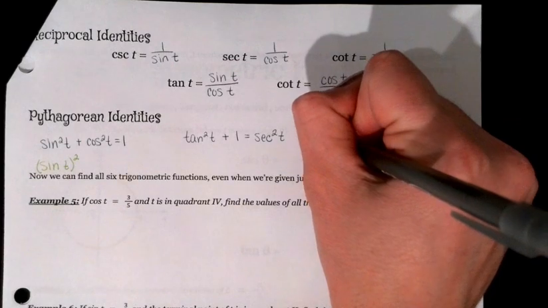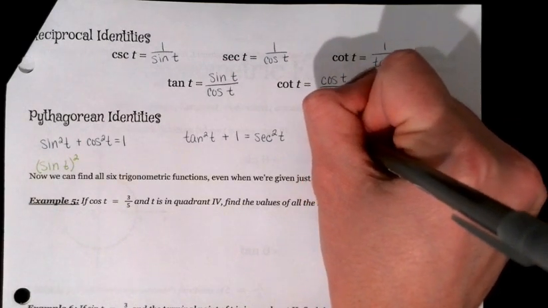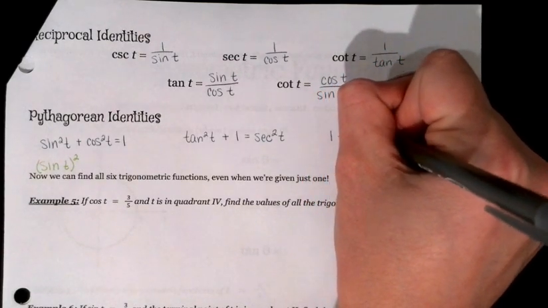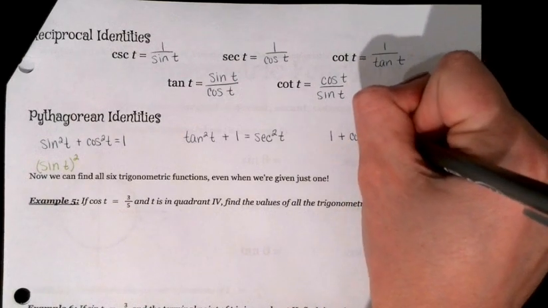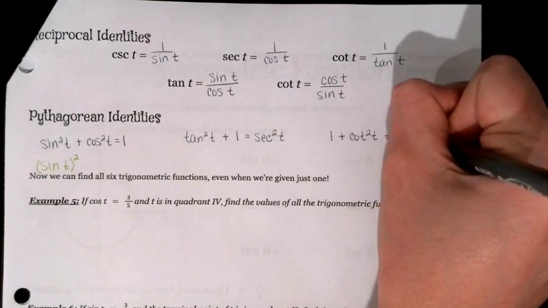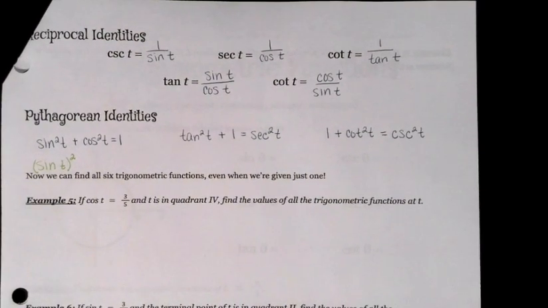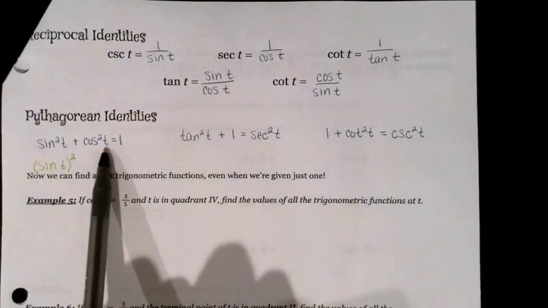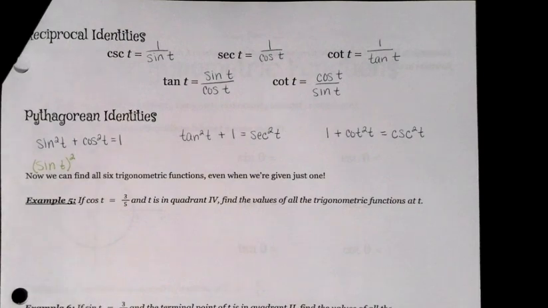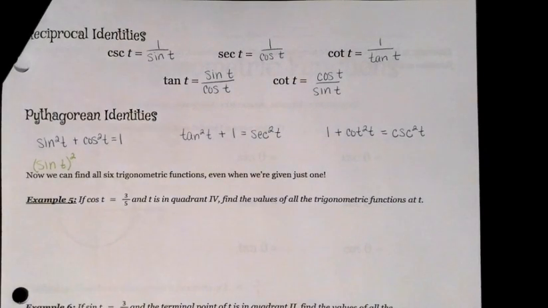And then the third one we have is 1 plus cotangent squared equals cosecant squared. And for all of these, when we're using t, that would be our angle. So whatever angle on our unit circle we're using.